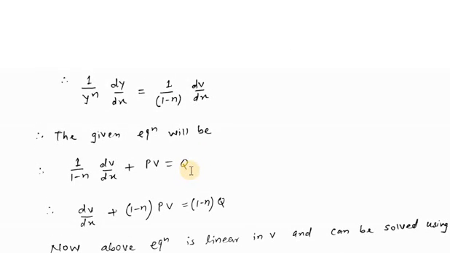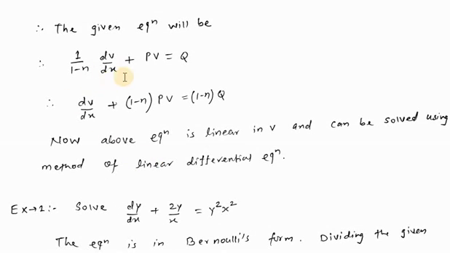Now multiplying this differential equation by (1 minus n), it will become dv by dx plus (1 minus n) into p into v equals (1 minus n) into q. Now you can see that this is a linear differential equation in v, right? And it can be solved using the method of linear differential equation as discussed earlier, right?